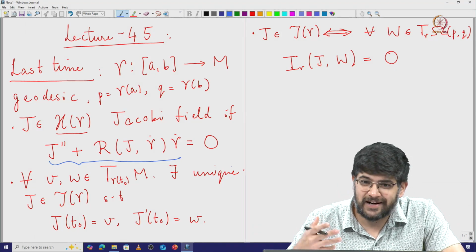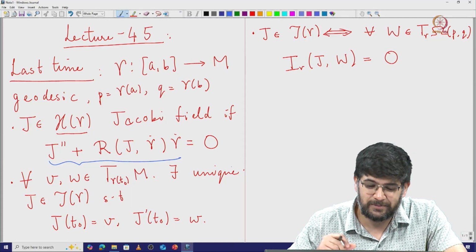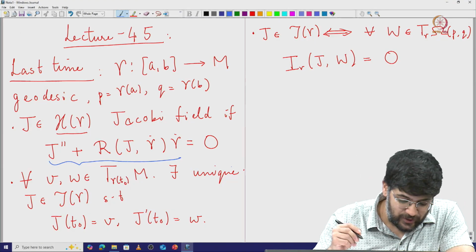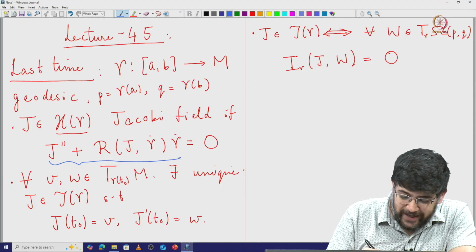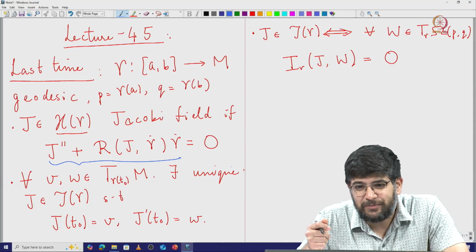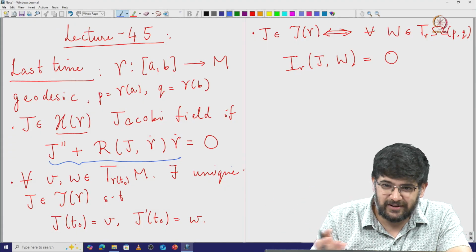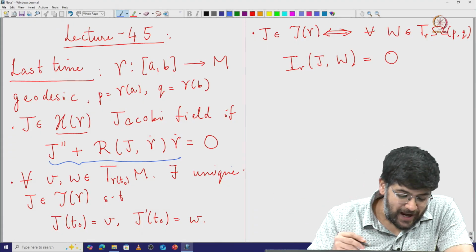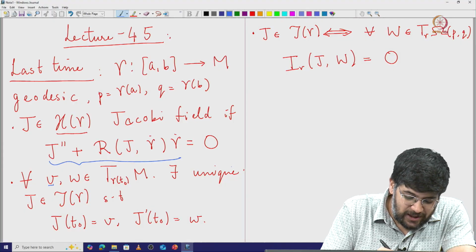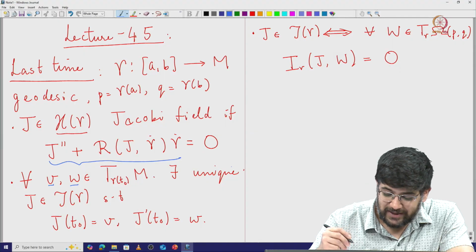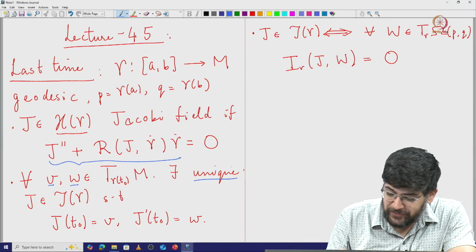By the standard theory of linear ODEs, we get the following existence and uniqueness result. If you fix a time t naught in this interval, it could be either a or b or any time in between, and if you fix two vectors v and w in the tangent space to M at gamma of t naught, then there exists a unique Jacobi field.